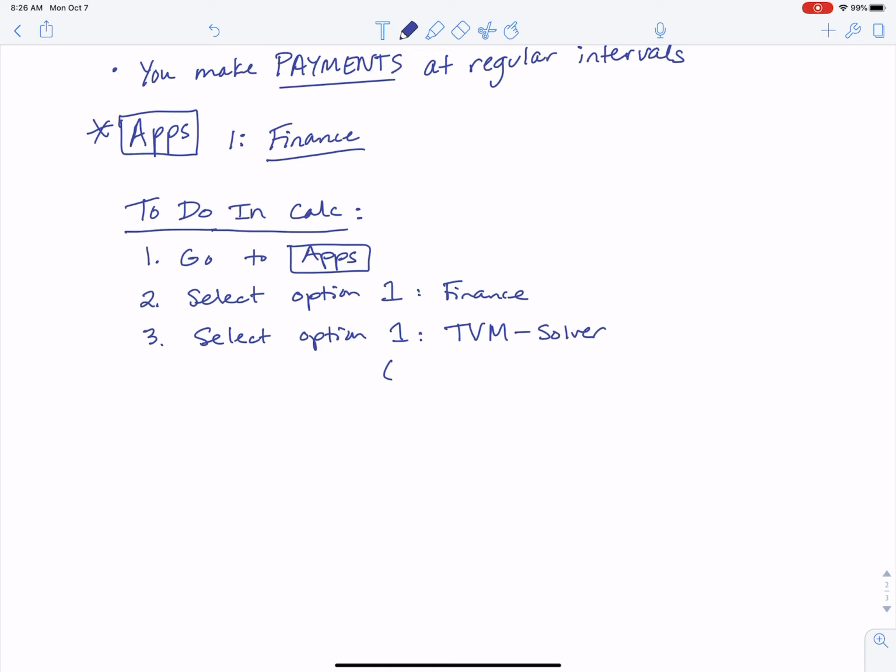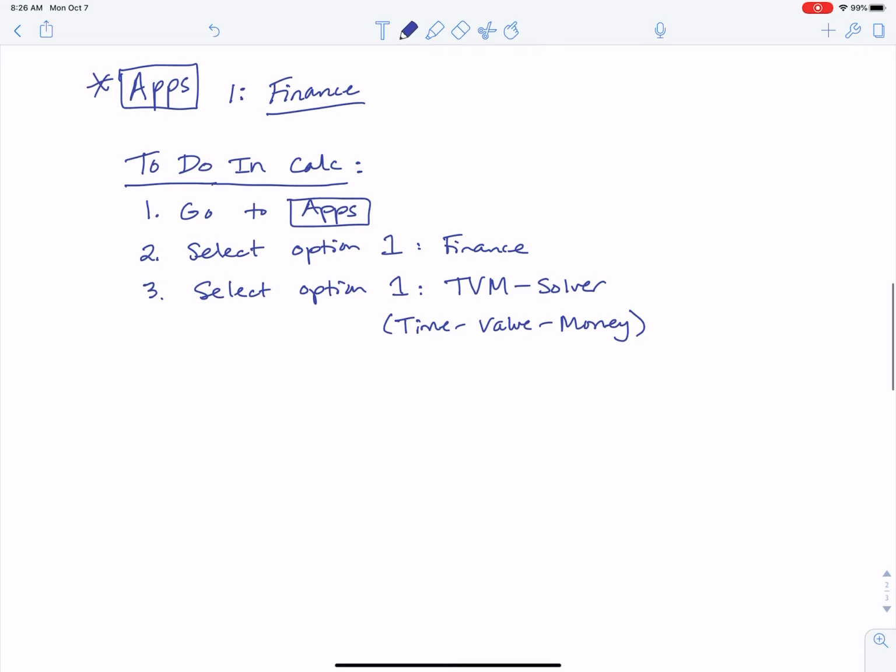That stands for time, value, money. This thing saves us so much time from having to do the formulas that we called it the thank you very much solver, but you can call it time, value, money if you want.